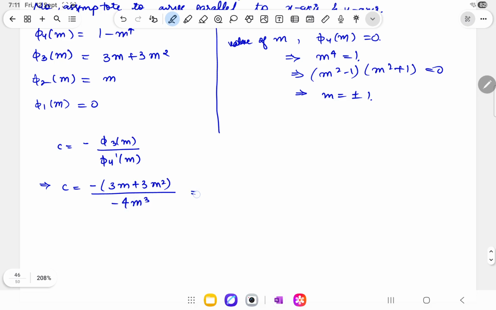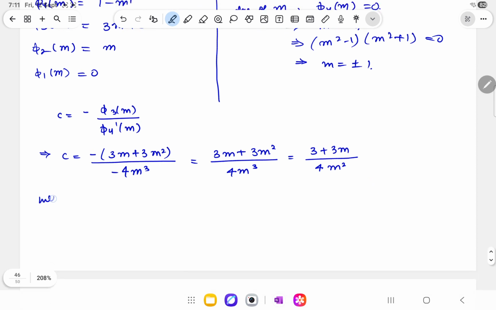That basically gives me 3m plus 3m square divided by 4m cube, and this is equal to 3 plus 3m divided by 4m square. So when my m is equal to 1, my c is basically 6 by 4, that is 3 by 2, and when my m is equal to -1, my c is 0.